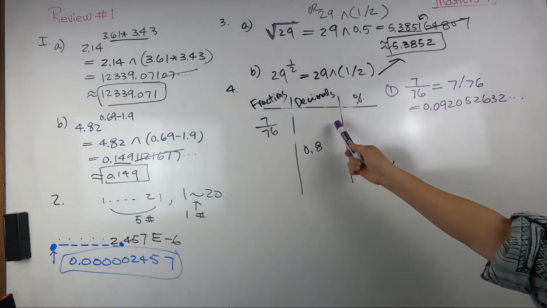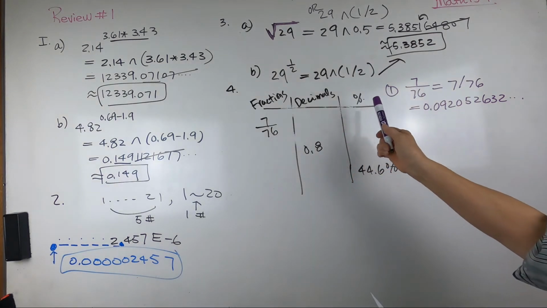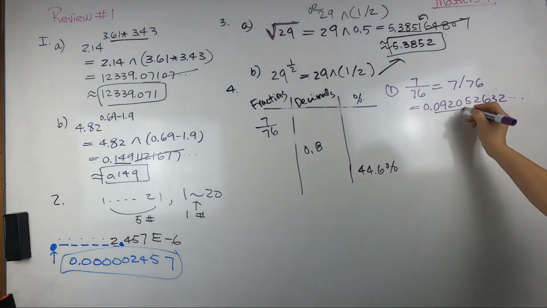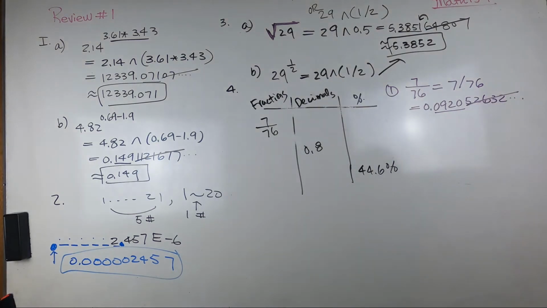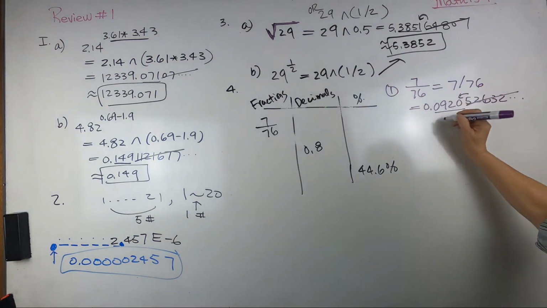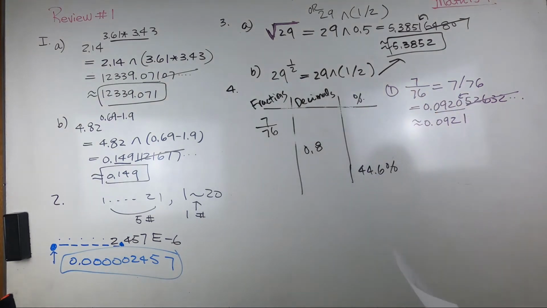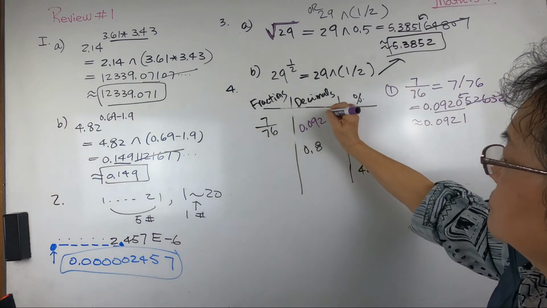Then decimals, it says 4 places. Percent is what? 2 places, 2 decimals. So we need the 4 places, right? Then we don't want the remaining decimal digits, so this one you need to round up. So you should have 0.0921.